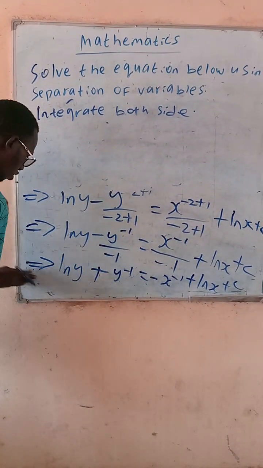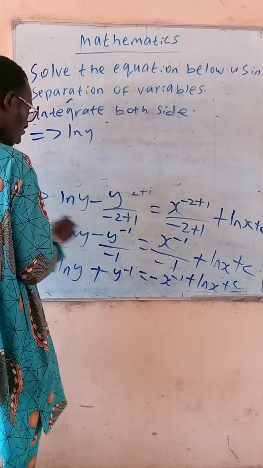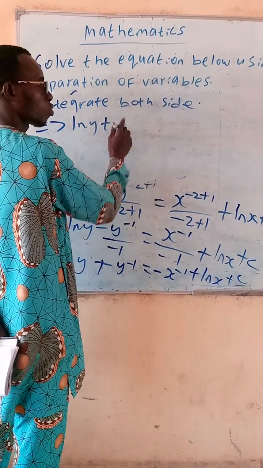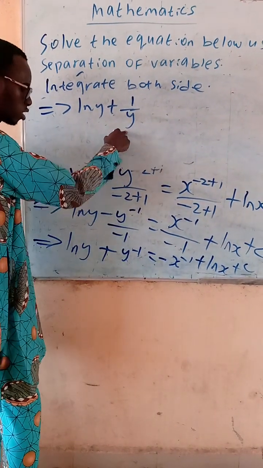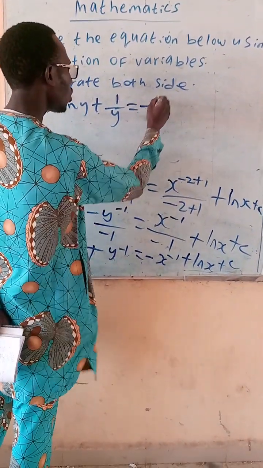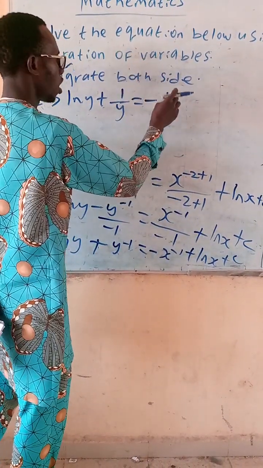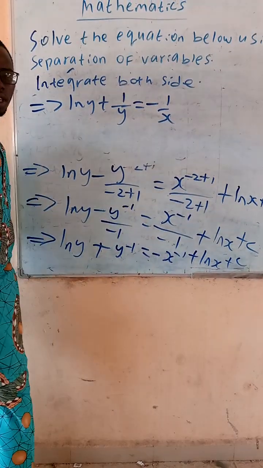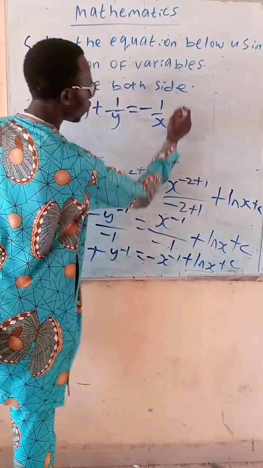From here, we have ln y plus, according to laws of indices, y raised to power minus 1 is the same thing as 1 all over y. This equals minus 1 all over x, according to laws of indices, since x raised to power minus 1 is 1 divided by x, and since we have minus here, we brought our minus down.